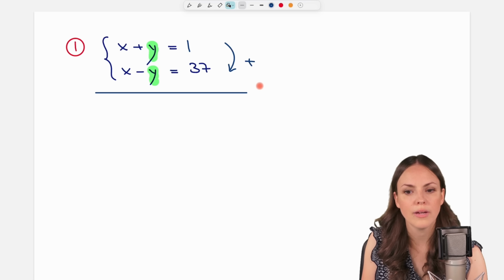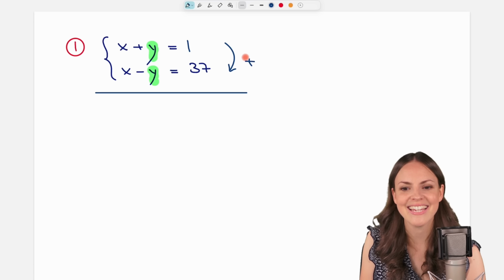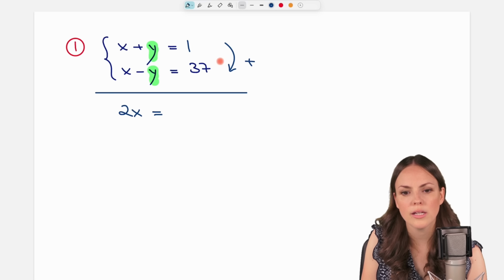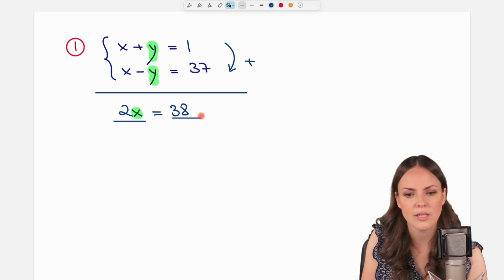Whatever you prefer, adding is usually a little bit easier, so let's add these two equations to get rid of y. We have x plus x, which is equal to 2x; y plus minus y cancels out. On the other side, we have 1 plus 37, which is 38. To solve for x, let's divide both sides of the equation by 2, so that only x is left, and 38 over 2 is equal to 19.